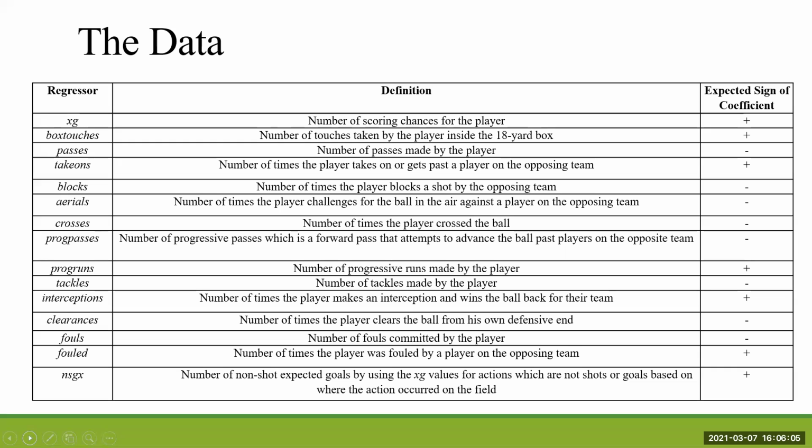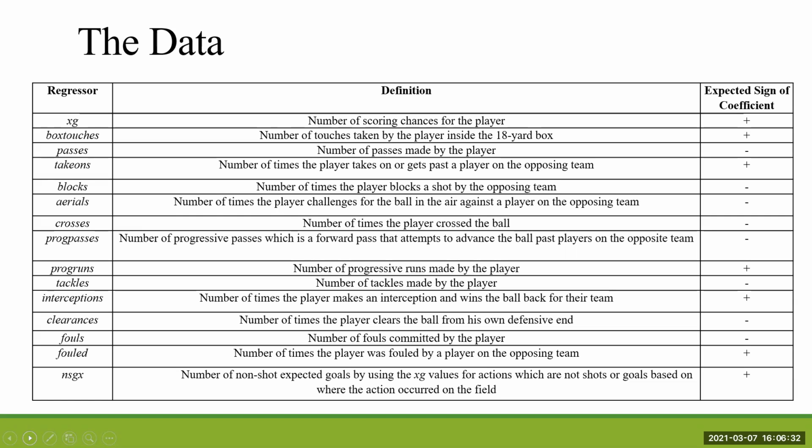We believe that a regression is one of the best ways we can analyze this data. And so for this, we wanted to have predicted coefficient signs so that when we actually run a model, we can compare it to our expectations. That's one way we can evaluate whether or not it's a good fit. If we have a lot of variables that have opposite signs, then we probably don't have a very good model.